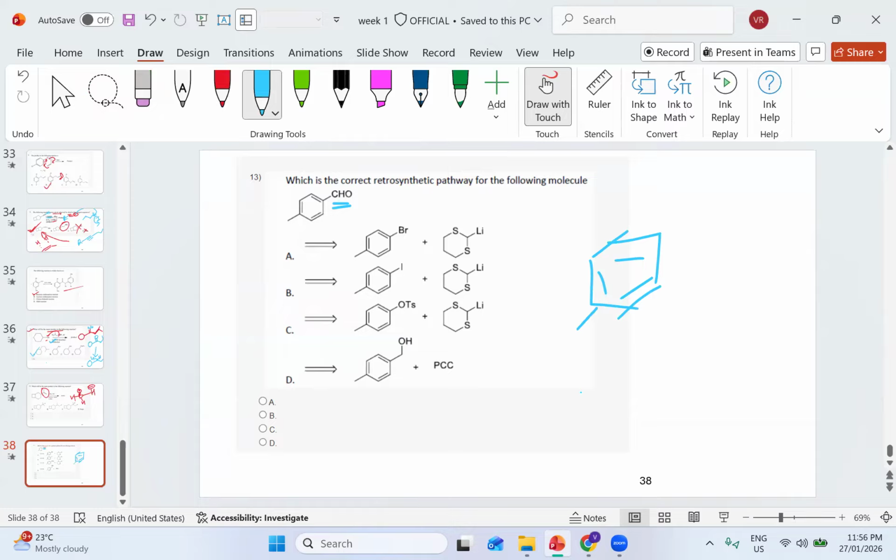We get the CH3 here, and here we get the negative charge. This negative charge can be achieved from this bromo compound, bromo or iodo, whatever it is, all are okay, right? So from the bromo, the CH3, this is what we have. So we lock the first step here.